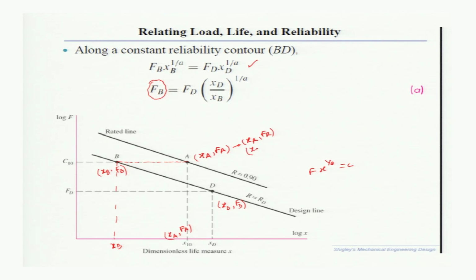So, it is XR and C10. Okay. And AB line is a horizontal line, and so FB will be equal to FA. And reliability at D is equal to reliability at B, because it is a constant reliability line. So, FB is obtained, which is given by the desired load FD divided by XD over XB.